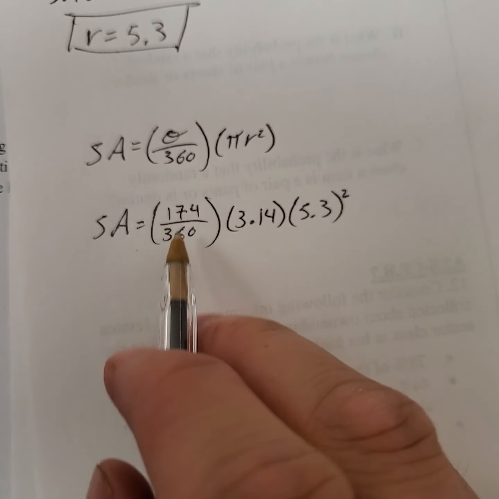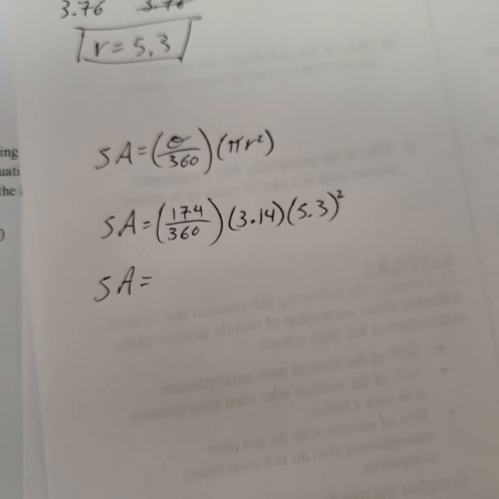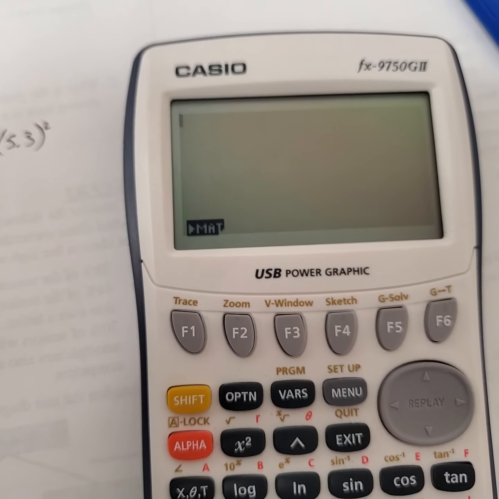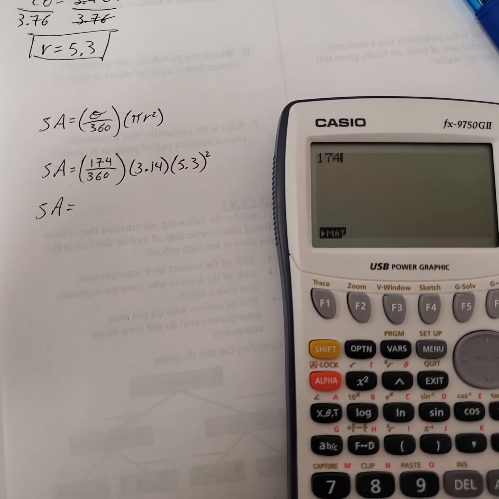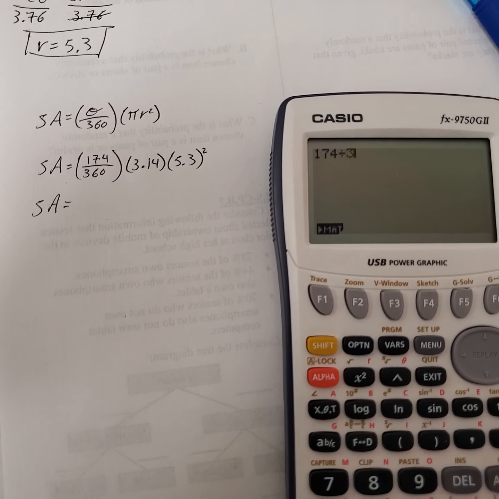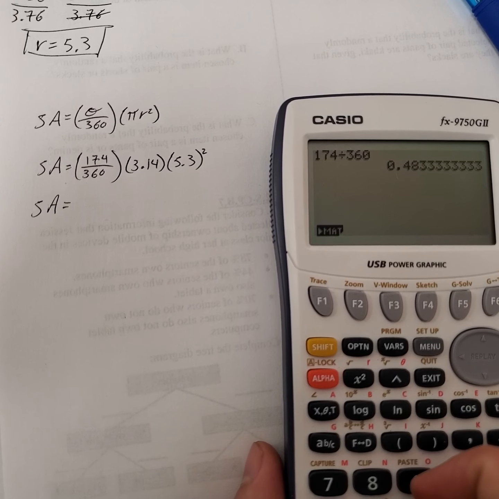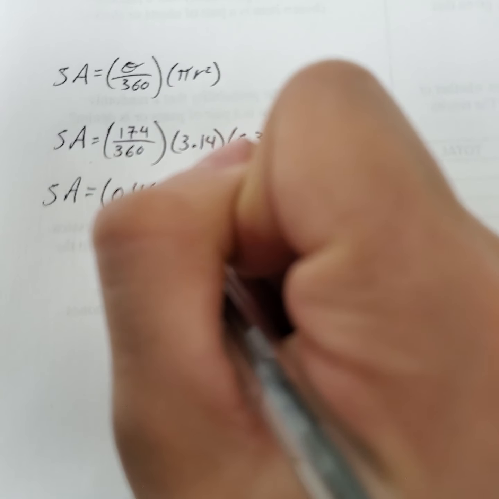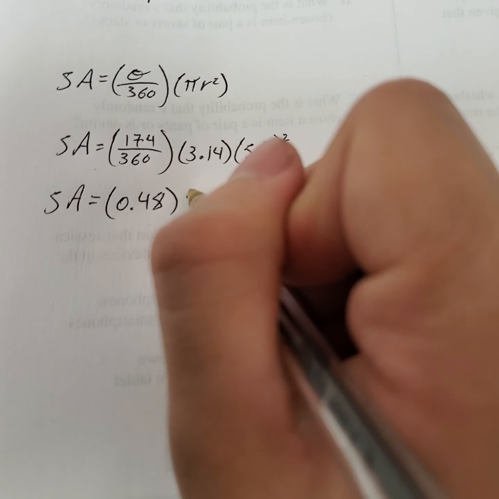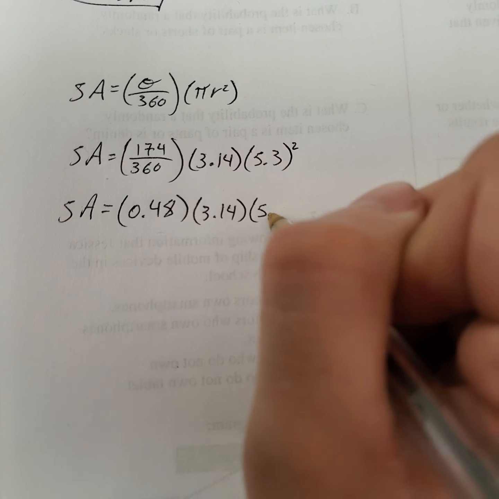First thing I would do is simplify this fraction. So my sector area will be 174 divided by 360, which is equal to 0.48. So 0.48 times 3.14 times 5.3.